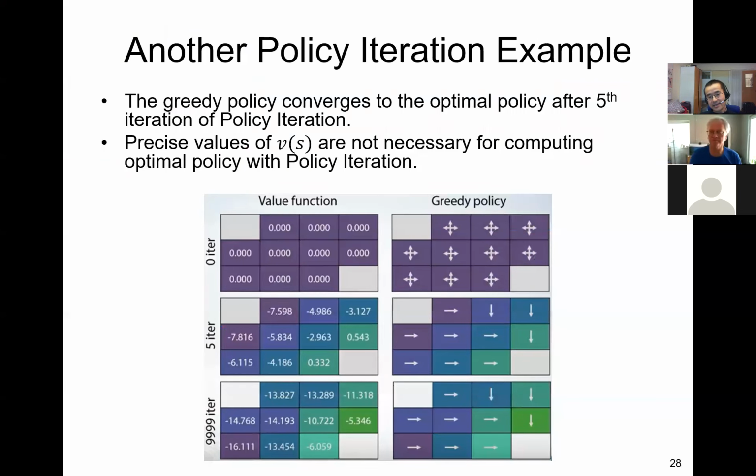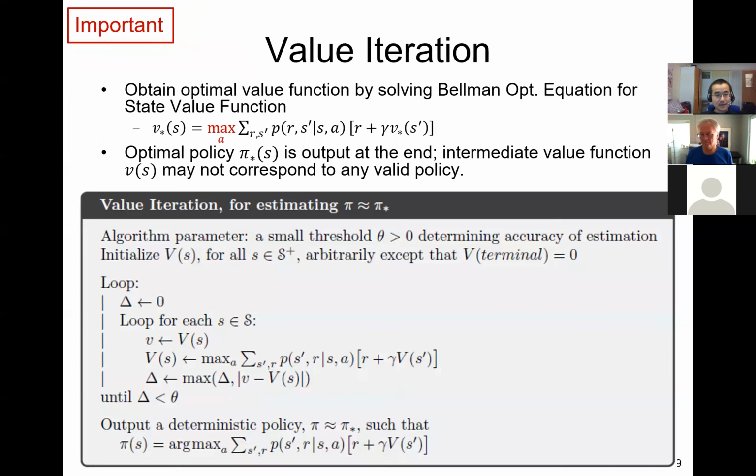So here's another example where you're running thousands of iterations to reach convergence for the value functions, but the policy has stabilized long ago, so you're wasting time.